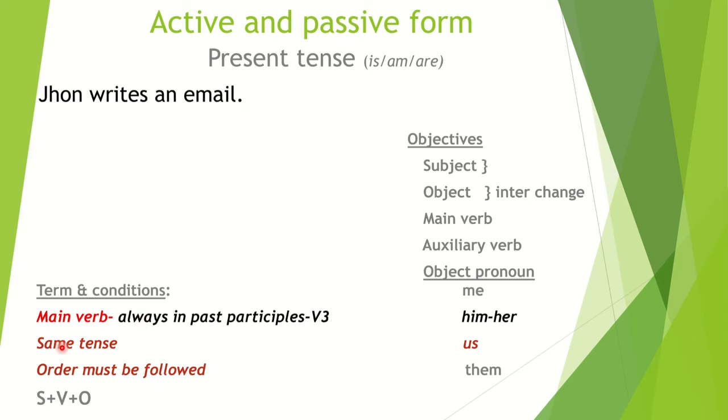Okay, now come to our next term. The next is same tense. While we change the passive voice from the active voice, we should not change the meaning of the active sentence. While we make passive voice, we should follow the same meaning as it is. Only we have to change the position of the subject and object.